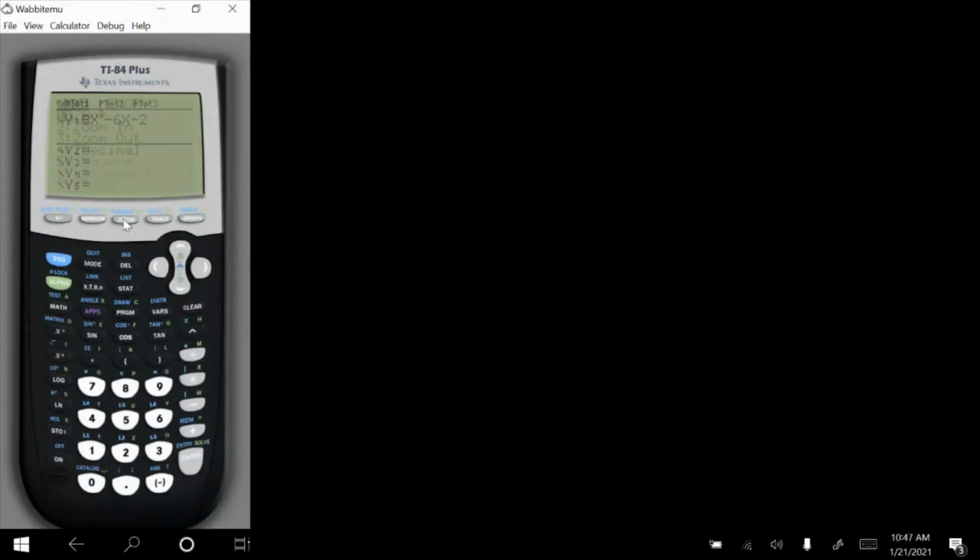I'll hit zoom 6. Okay, let me know if you're getting the same graph or if you're getting something different. This good? All right.